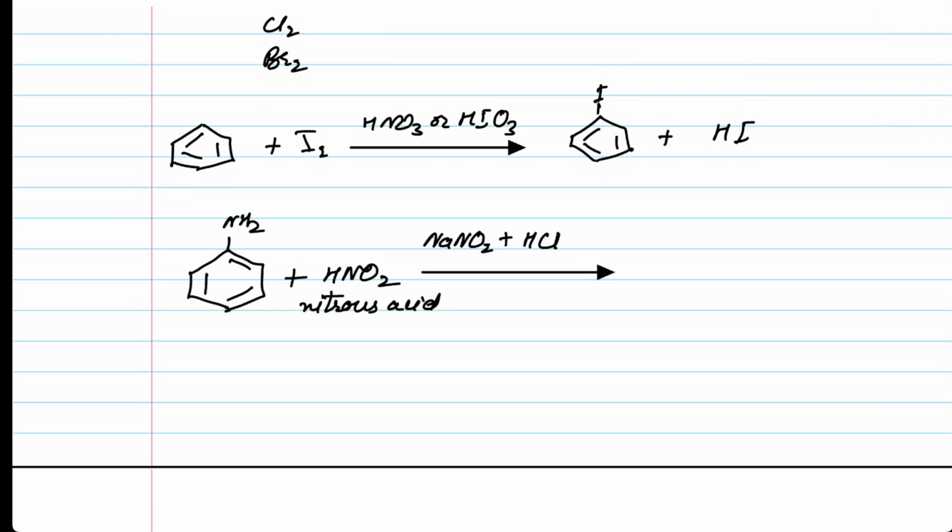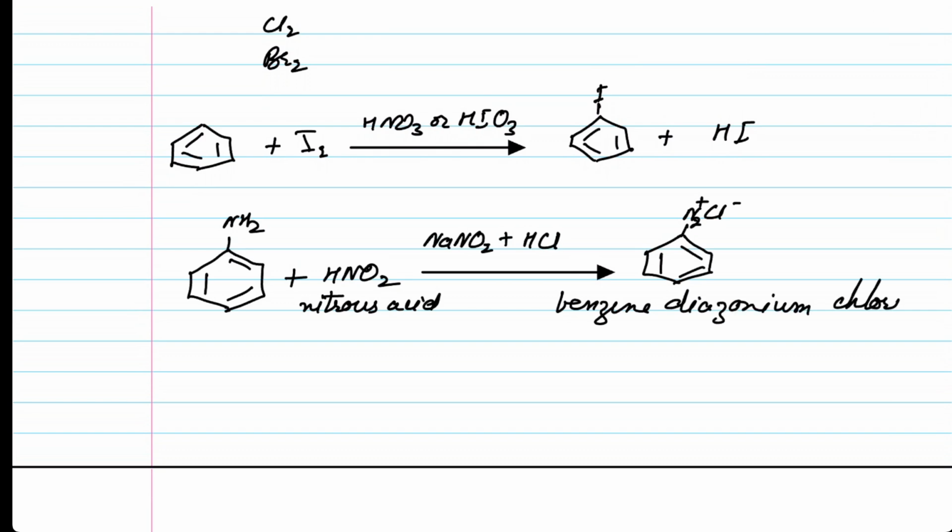This NaNO2, when reacted with HCl, is going to convert aniline, the NH2, into a diazonium ion, N2 plus Cl minus. This particular compound is benzene diazonium chloride.